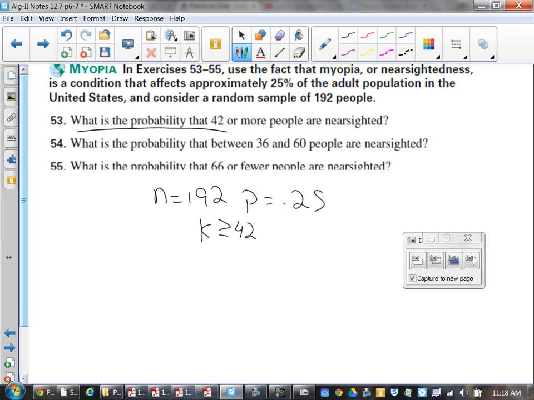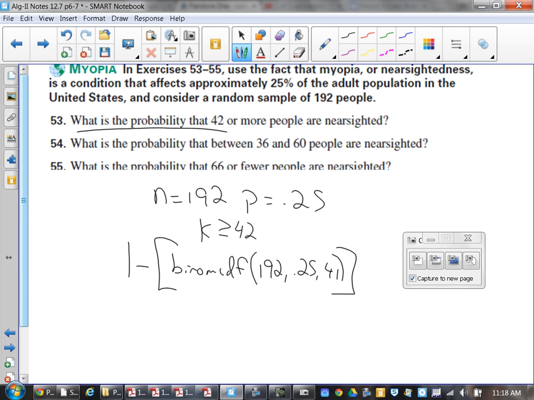So now when I do my CDF, I'm going to do 1 minus the binomCDF of what? 192, 0.25. Correct. That's why yesterday we were talking about putting things on the number line, because the number line tells you where your breakpoints are going to be.